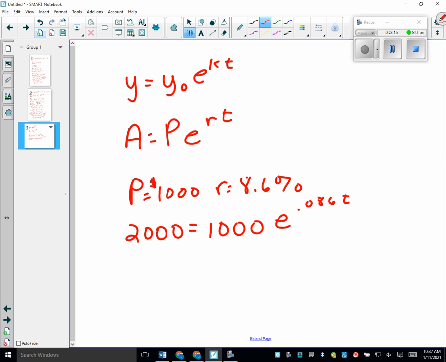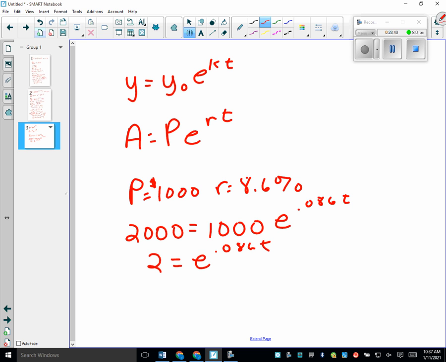So that's divided by how many seconds are in a year. I think it's like 850,000 seconds.